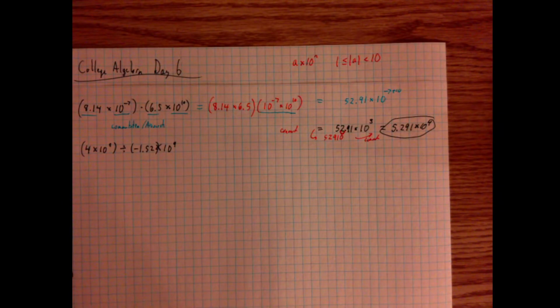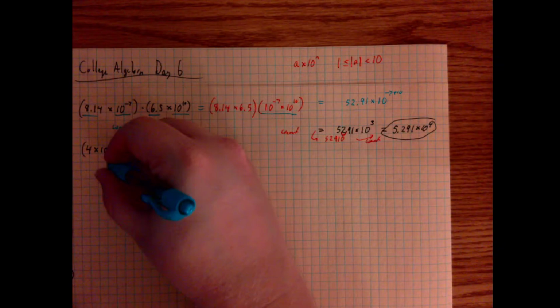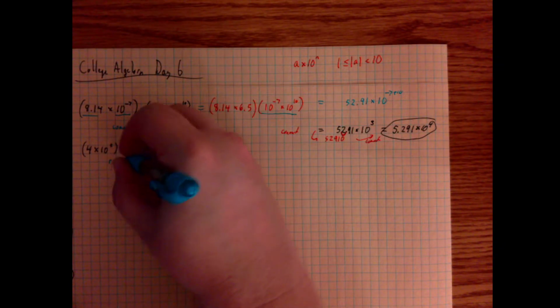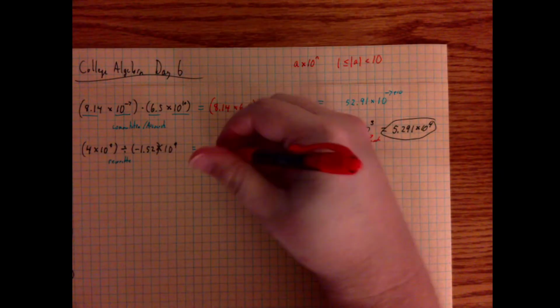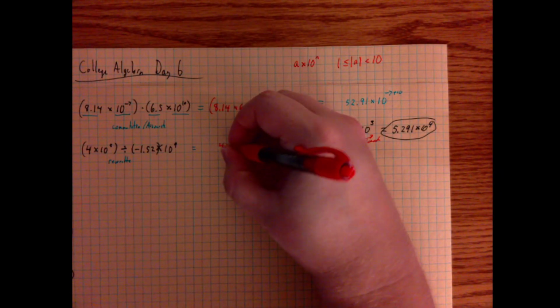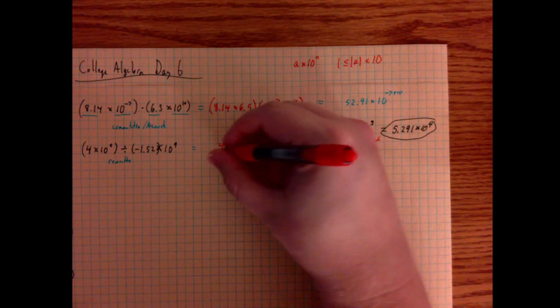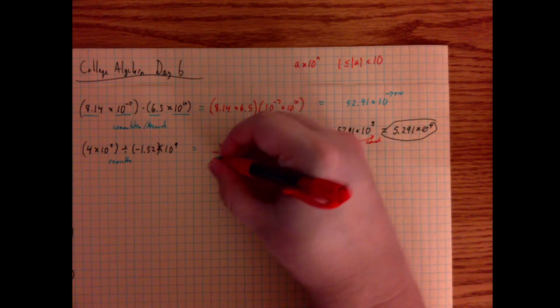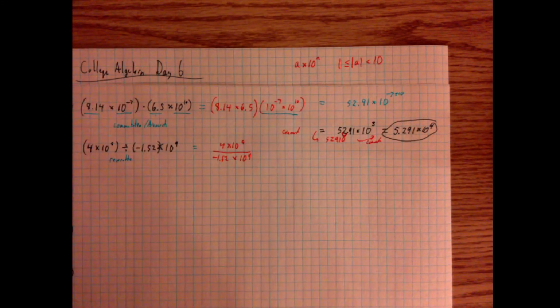Okay, just like before, I have the option to rewrite. And so for this problem, I'm actually going to rewrite in the following way. I'm going to write 4 times 10 to the 5th divided by negative 1.52 times 10 to the 9th.